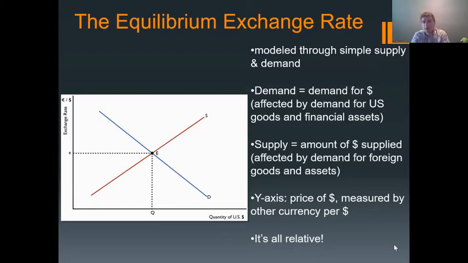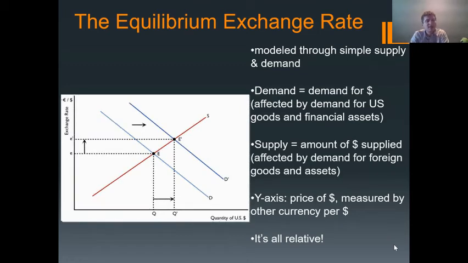Meanwhile, if foreign people want to buy US dollars, the demand for our dollars would increase. And once again, this is all very relative based on varying countries. As demand in one country increases, supply in the other will increase, and vice versa. So it's important to remember, all relative.